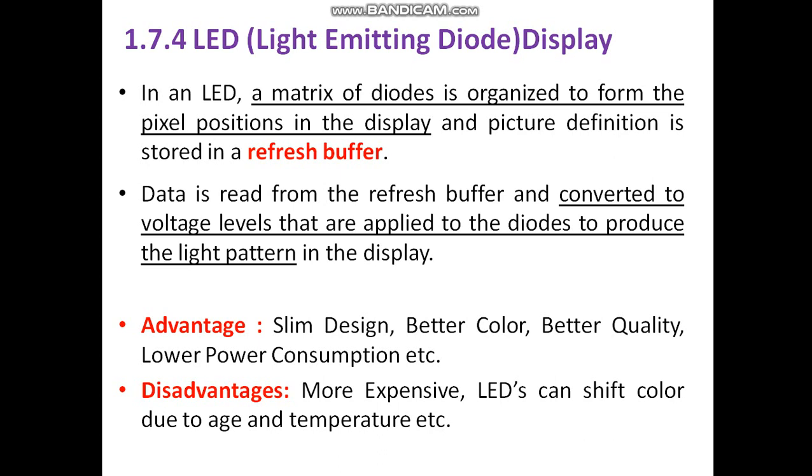An LED display uses light emitting diodes, and in an LED display, a matrix of diodes is organized to form the pixel positions in the display, and the picture definition is stored in a refresh buffer.